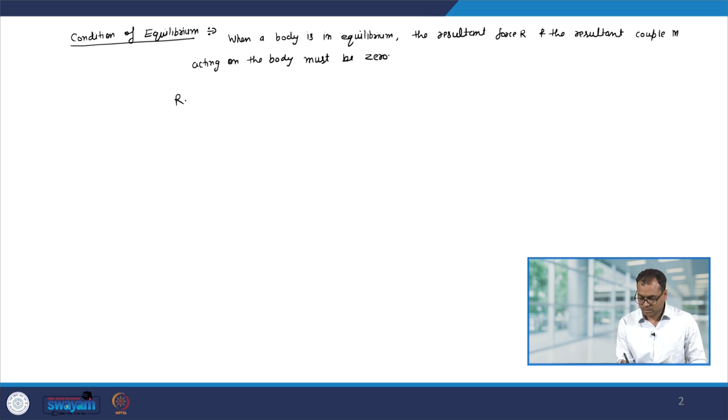That means R, total force, which is sum of the force, should be 0, and M, which is sum of all the moments, should be 0.